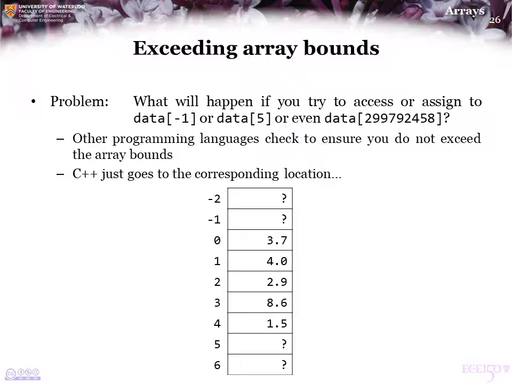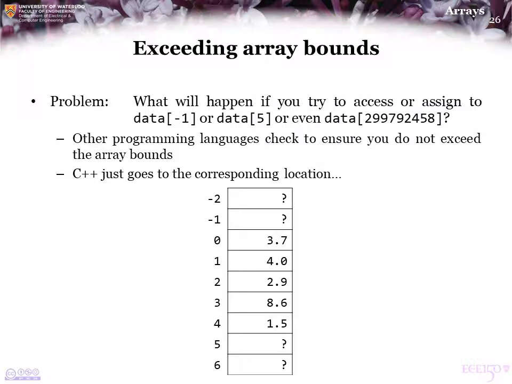Well, actually, an array can never have an index of -1, but nevertheless, if you try to access data -1, it would just access the memory location immediately before where data 0 was stored.